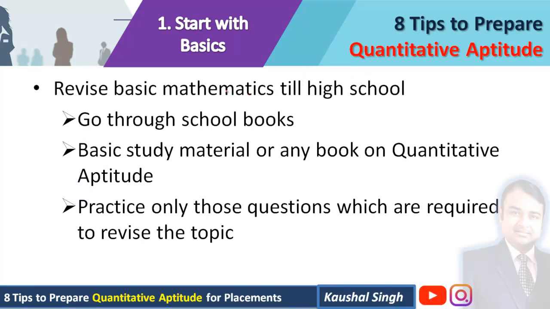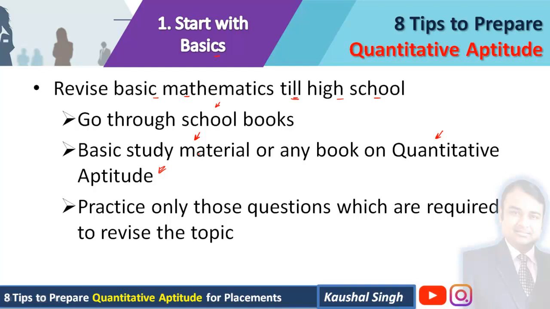So you have to start with the basics and revise all basic mathematical skills, basic mathematics till high school. You can do it by going through your school books of class 7, 8 and 9 if you have them, or you can also prepare with basic study material or any book on the quantitative aptitude subject, right?